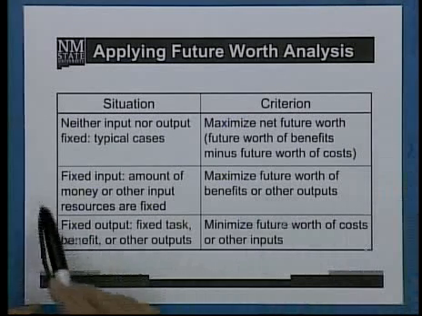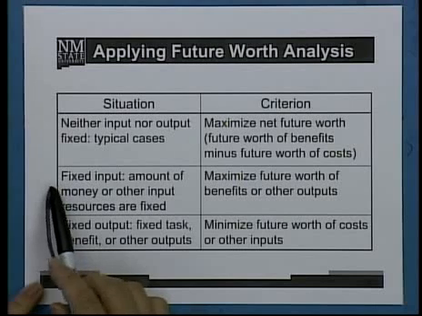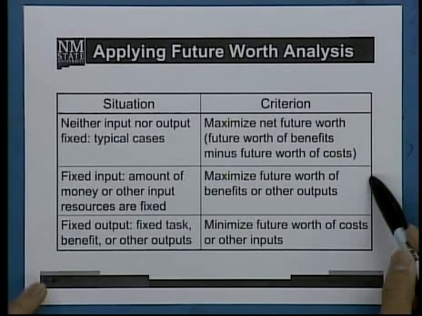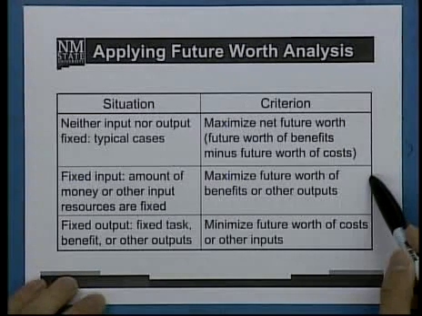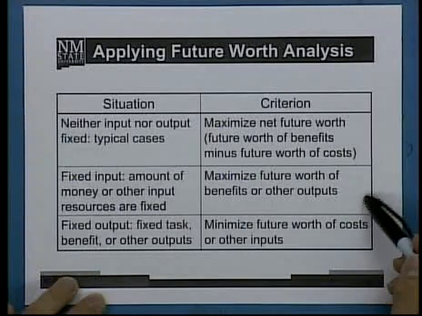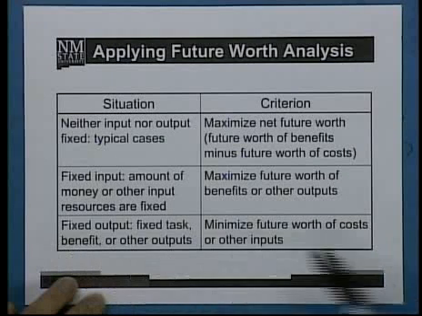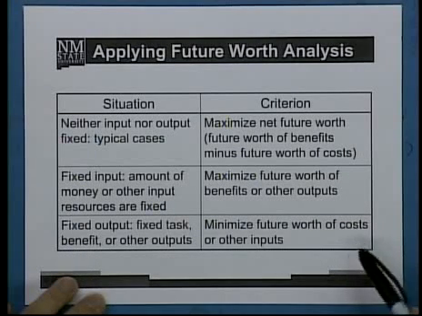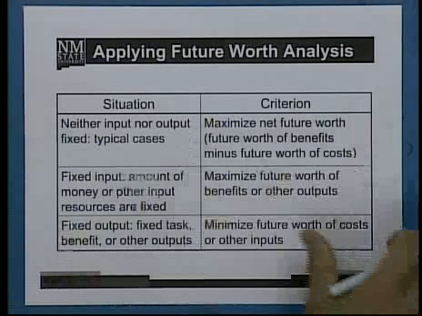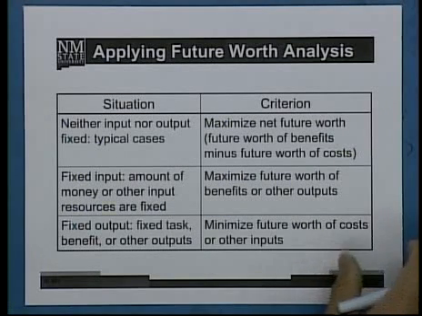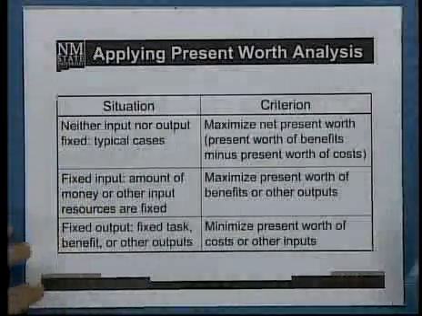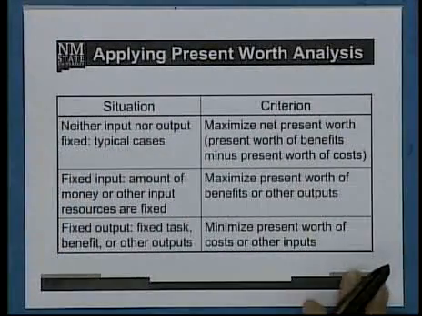If the input is fixed, the criterion is to maximize the future worth of benefits or other outputs. If the output is fixed, we minimize the future worth of cost or other inputs. This table is very similar to the one for present worth analysis in Chapter 5, right?